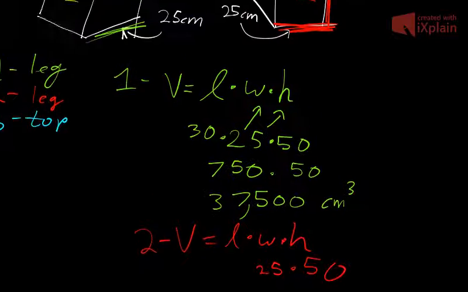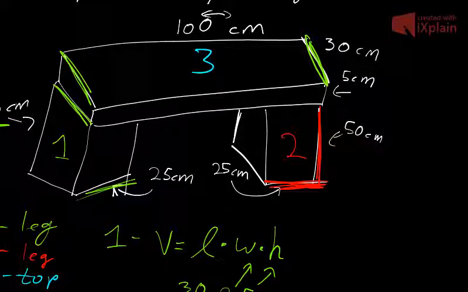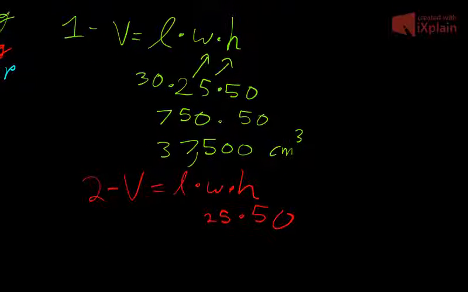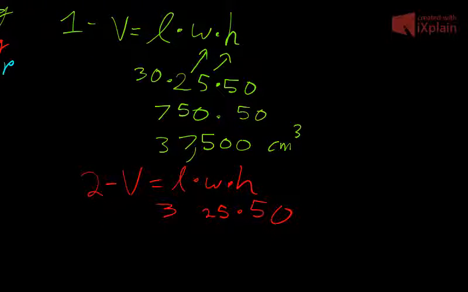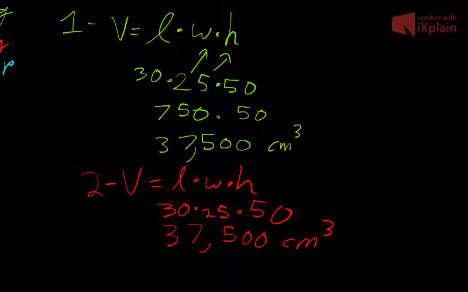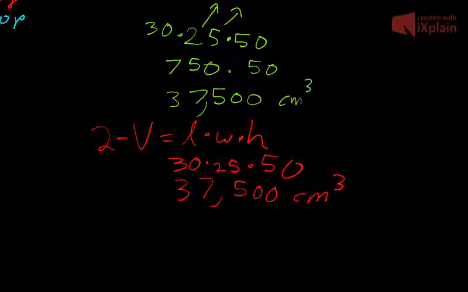And let's look at the length. The length is 30, which should be the same as this 30 right here. And if we look, I've already done this multiplication, so that would be 37,500 centimeters cubed.